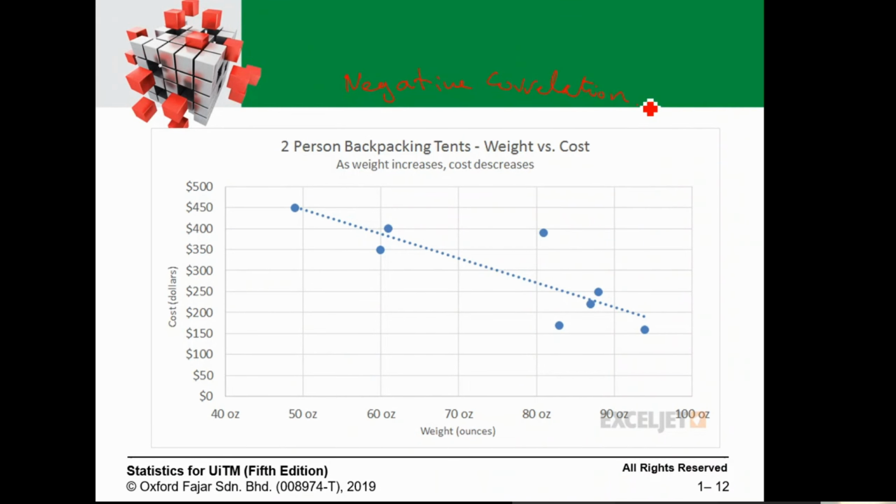This is a tool, and these are two examples of how the scatter diagram explains or reflects the relation between two related variables. Either it is a positive correlation or a negative correlation, okay?